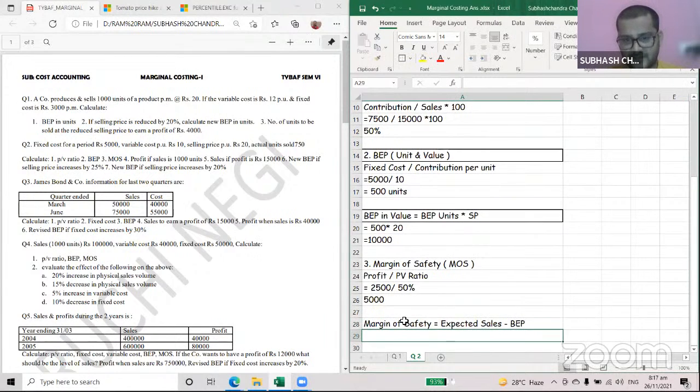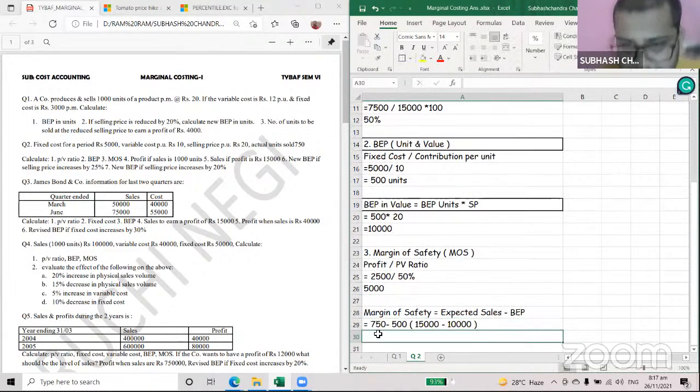So you will get 750 units minus 500 units, or in values 15,000 minus 10,000.